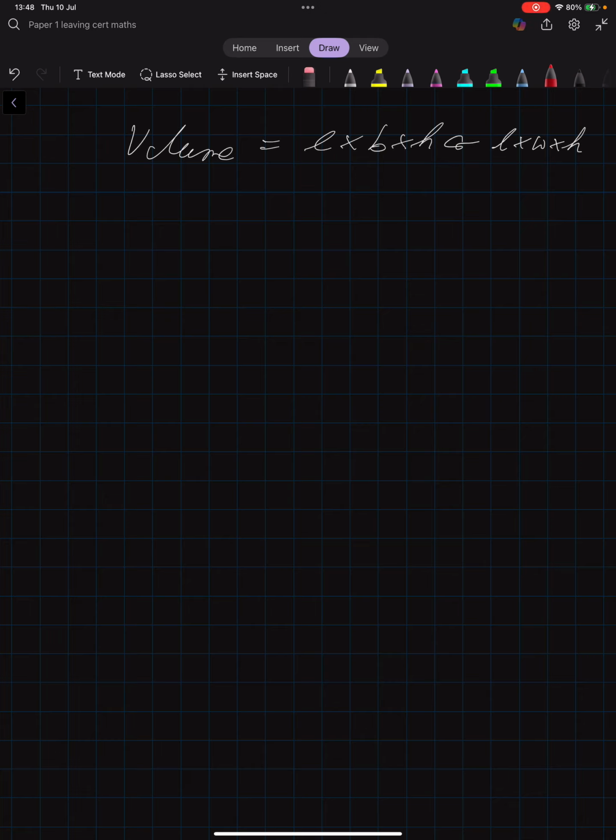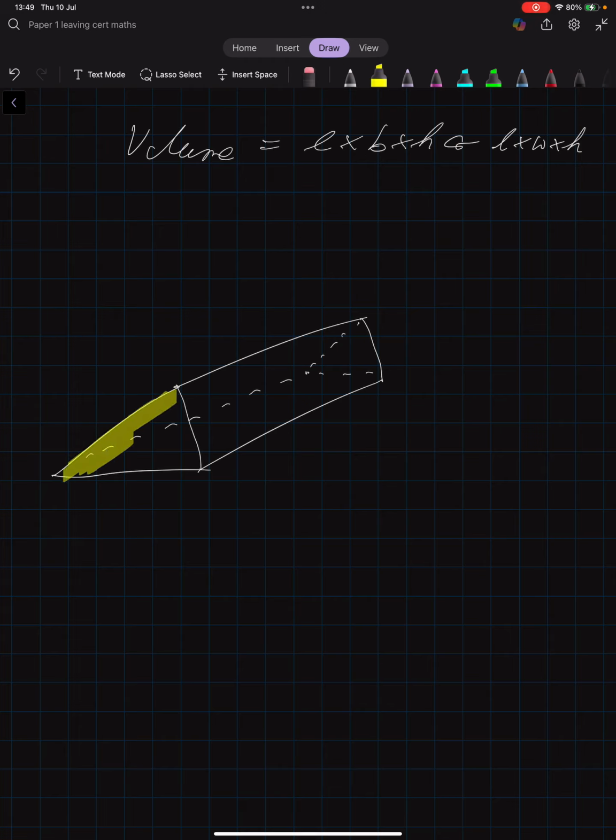Now you also have the volume of kind of weird shapes. So something like this. If they ask you to calculate this volume, the way you do this is you would calculate the area of this thing, and then you would multiply it by this length down here. Okay, so volume is also equal to area times length.